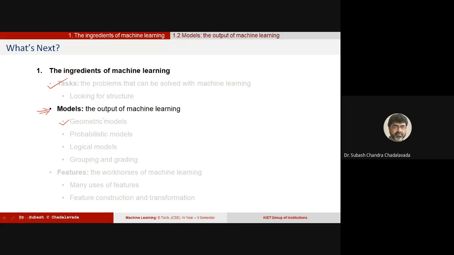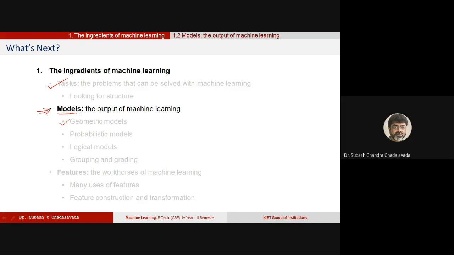Models, as I discussed in the previous class, are the output of a machine learning algorithm. Whatever output you get out of a machine learning algorithm or program is called a model.